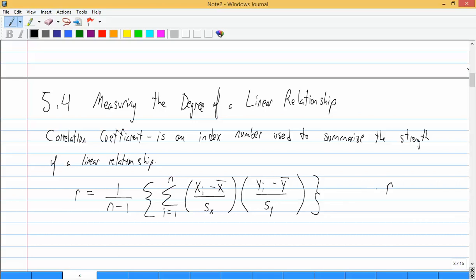R will always be between or including -1 and 1. Without having to calculate this value, which will usually be generated by statistical software, especially if there are a lot of data items, because imagine finding the sample standard deviation for each variable and all of that.